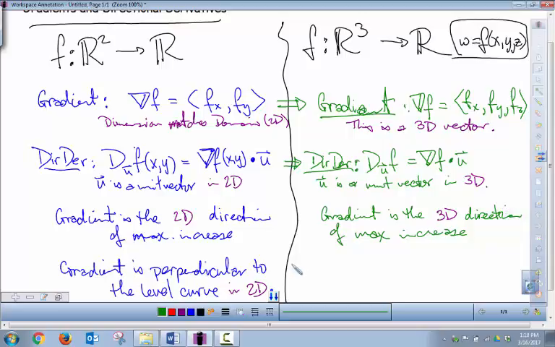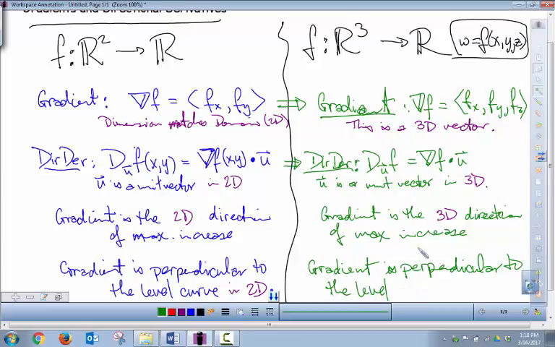And then this is the other interesting part that would help us look at tangent planes. A gradient is perpendicular to the level.